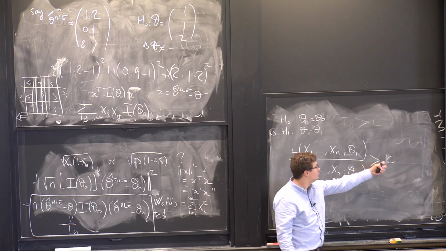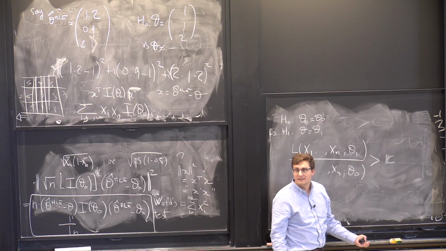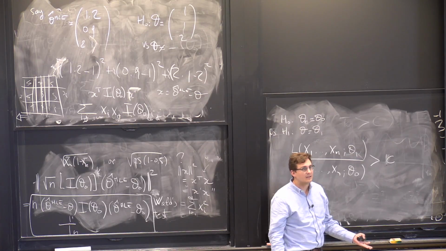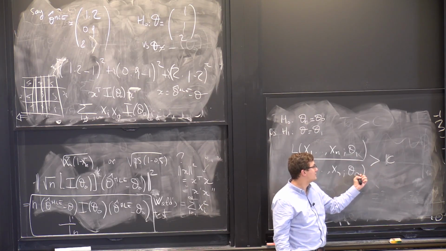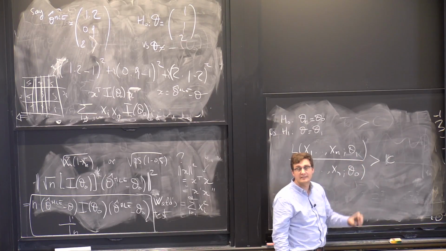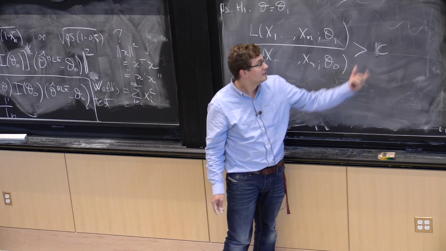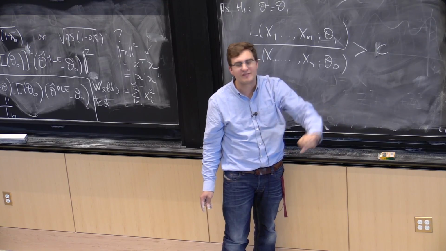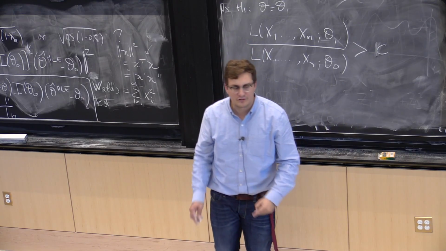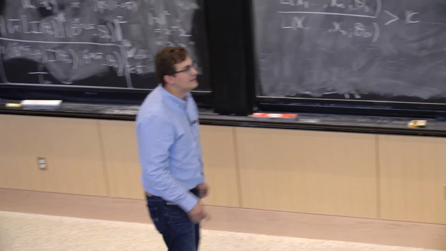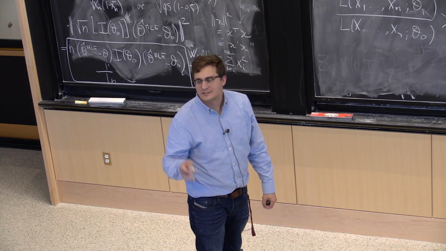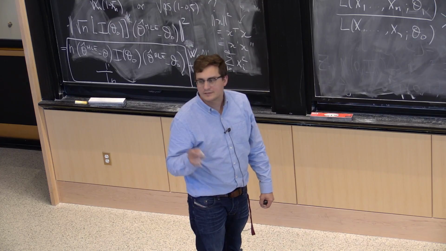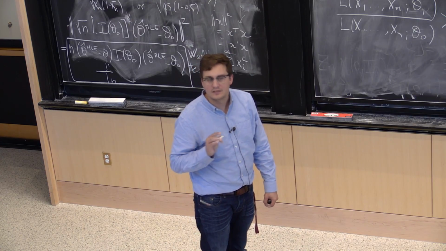But if I let c go to negative infinity, then I'm always going to conclude that H1 is the right one. Okay, so I have this trade-off, and I can turn this knob by changing the values of c and get different results. I'm going to be interested in the one that maximizes my chances of rejecting the null hypothesis while staying under my alpha budget of type 1 error.